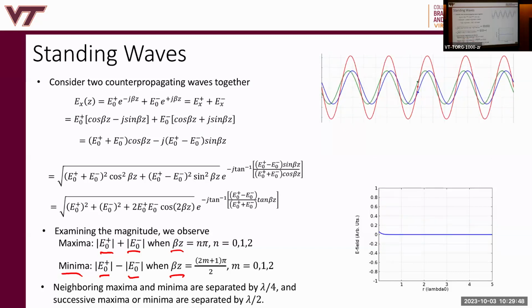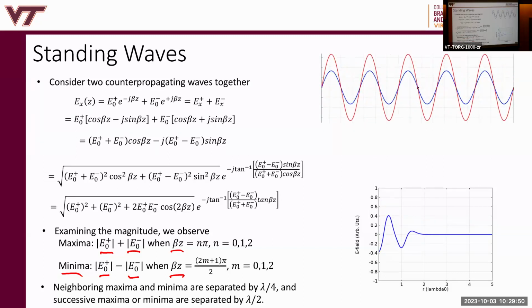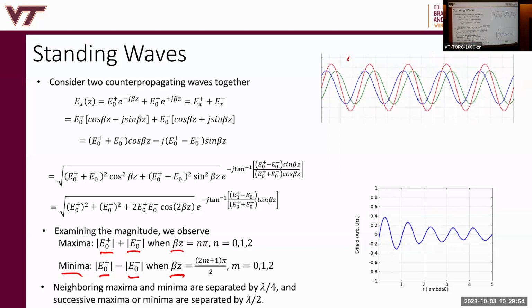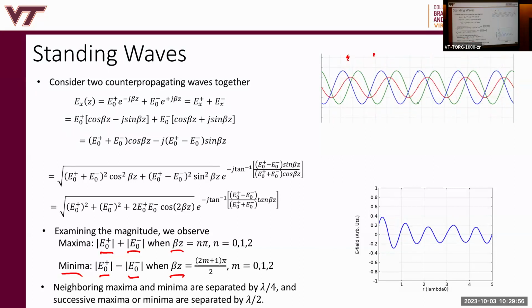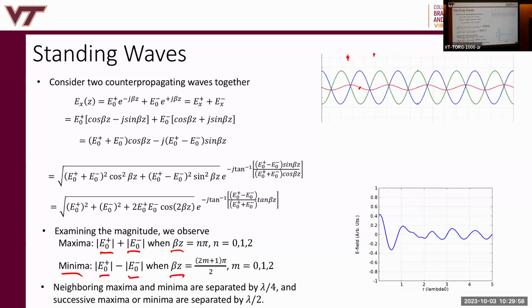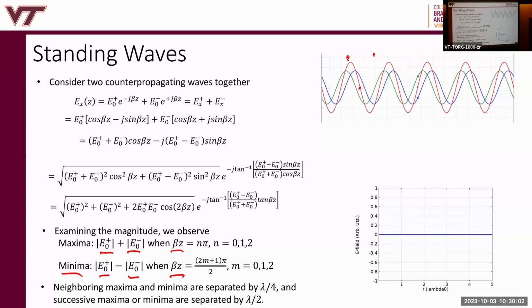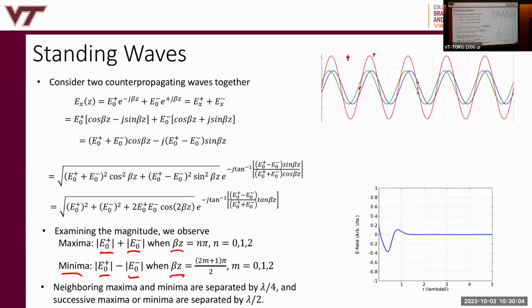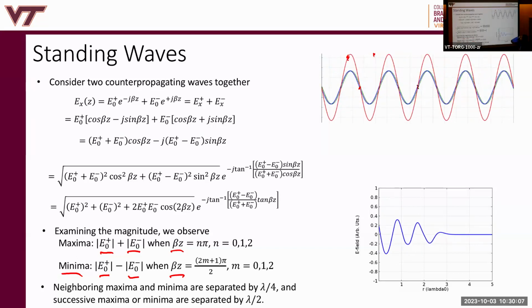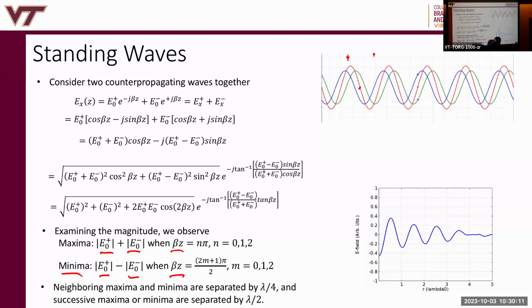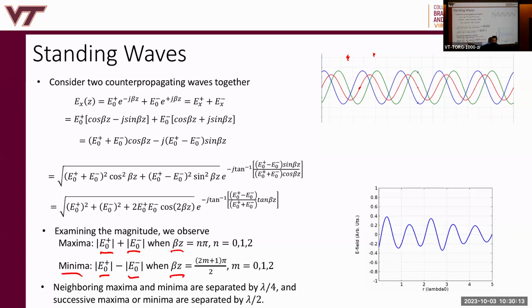So where are the maxima here? The maxima are these points, and the minima are in between. If the two waves have the same amplitude, like they do in this case, the green one travels to the right, the blue one travels to the left, but they have equal amplitude, so E_0^+ is equal to E_0^-, then we expect the minimum to be 0.